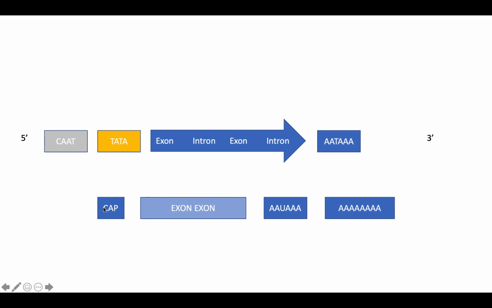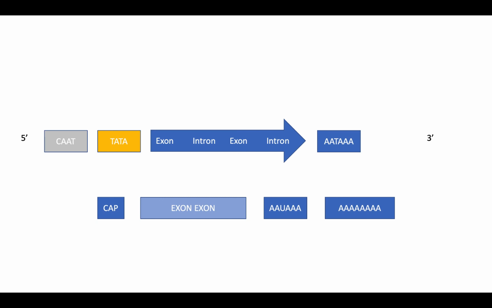This is where you add the cap at the 5' end. The poly-A signal and the CA signal are cut, then you add the poly-A tail, and then you remove all the introns and come up with the exons. This makes the mature messenger RNA, which then goes out to the cytoplasm for translation.